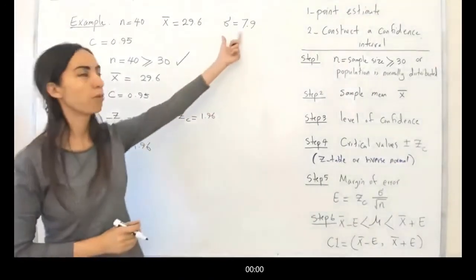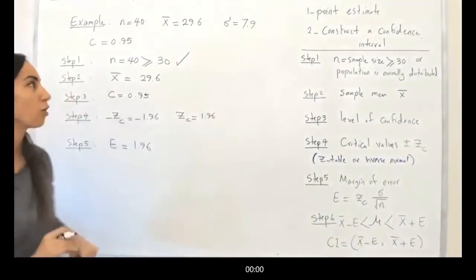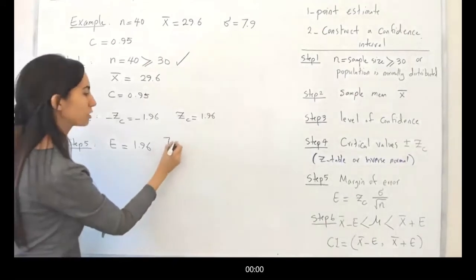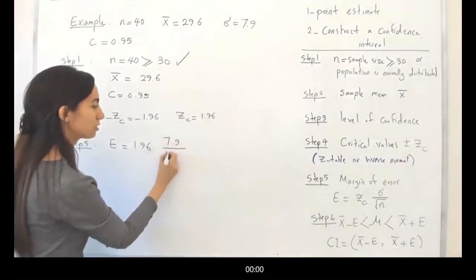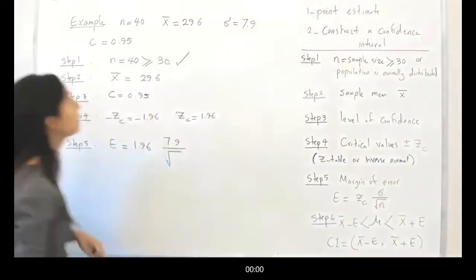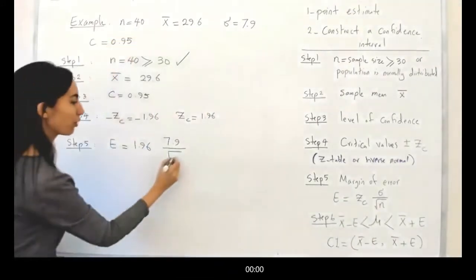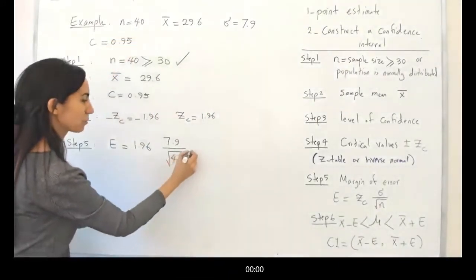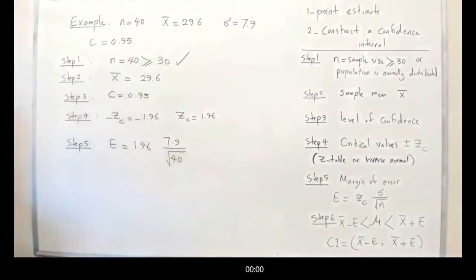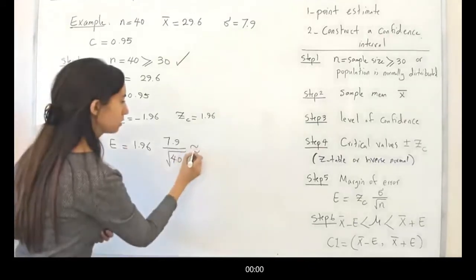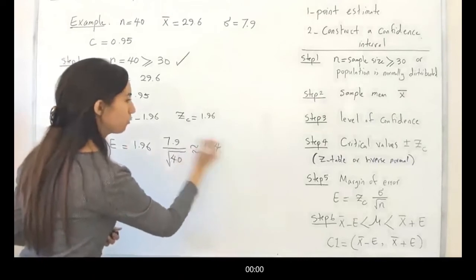Sigma, or the population standard deviation, is also given to us, 7.9, divided by the square root of, what is n? n is equal to 40, the sample size. So let us do the calculation. The margin of error is approximately 2.4.